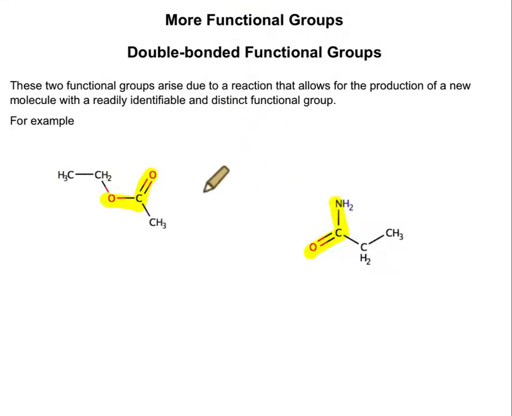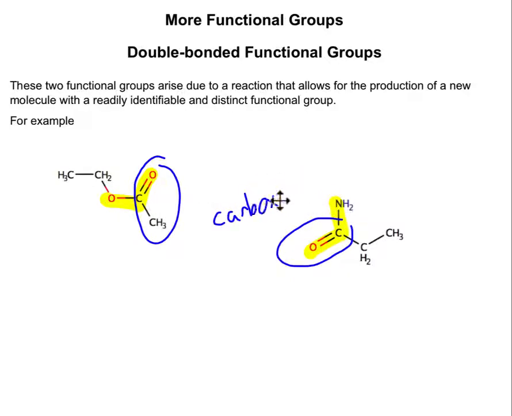So the formation of these two molecules is due to carboxylic acid, so that C double bond O of both of those molecules originated as a carboxylic acid, reacting with, in this case over here, an alcohol.